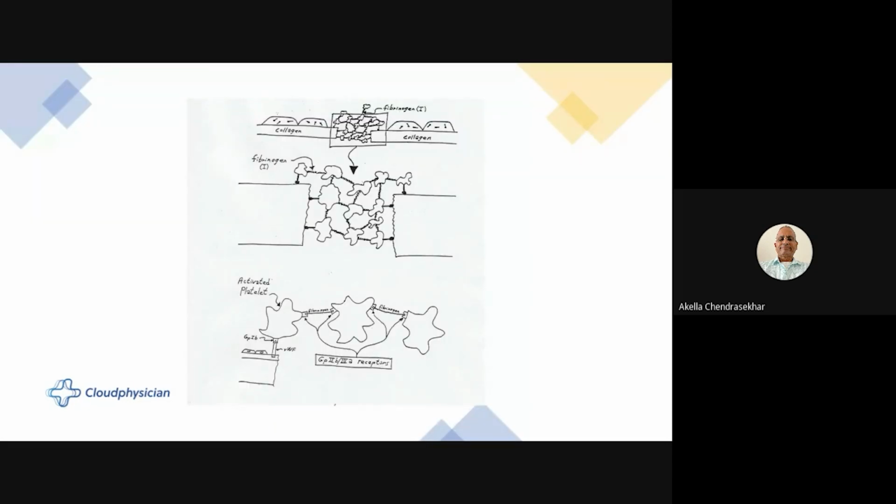Okay, so you can see how the platelet plug is being made with just fibrinogen and platelets. Now, this type of clot is called a white clot because it's only platelets. There are no red cells trapped in there.